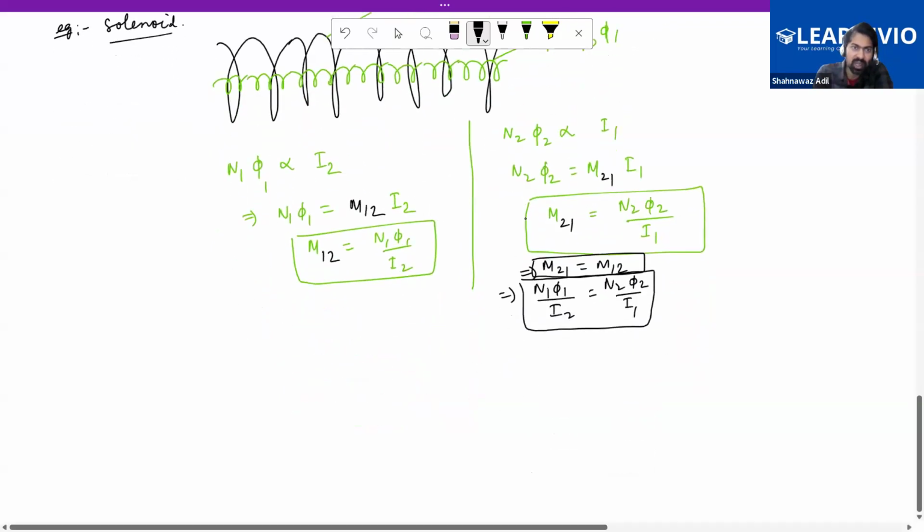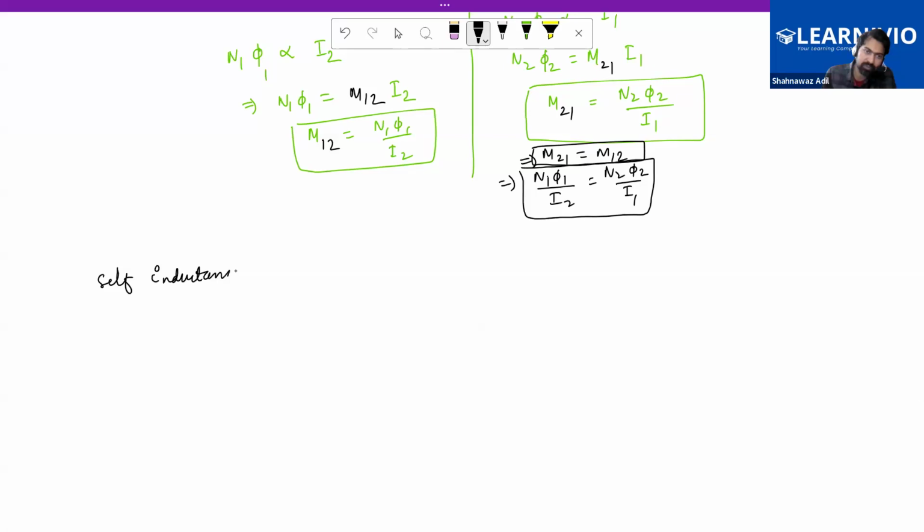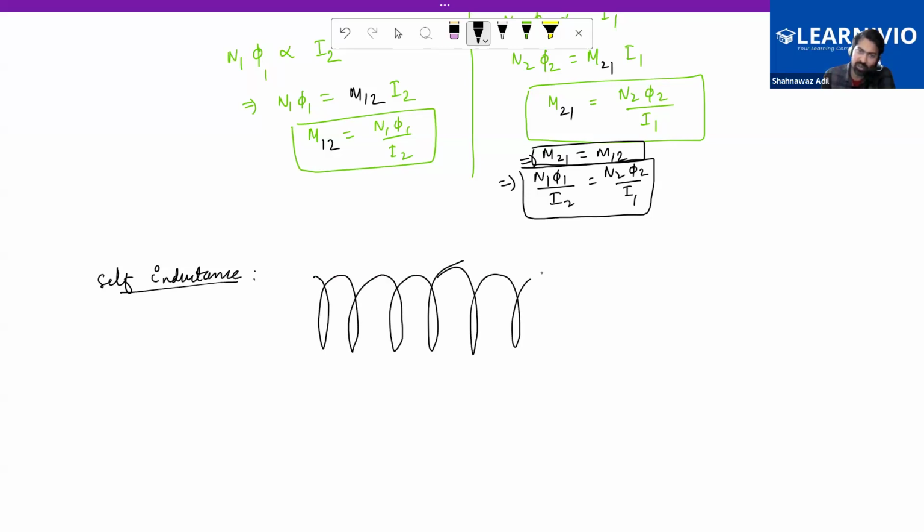Similarly, we can have the self-inductance. And what is self-inductance? This is the coil, and let's say current I is passing.